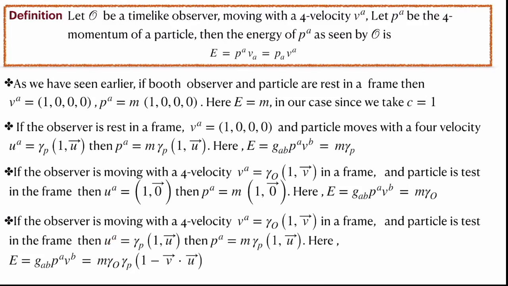Now the 4-momentum of the particle is given by p^a equal to m into gamma_p (1, u). Now we see that the energy of the particle as seen by the observer is given by g_ab p^a v^b, that is equal to m into gamma_o into gamma_p into (1 minus v dot u).